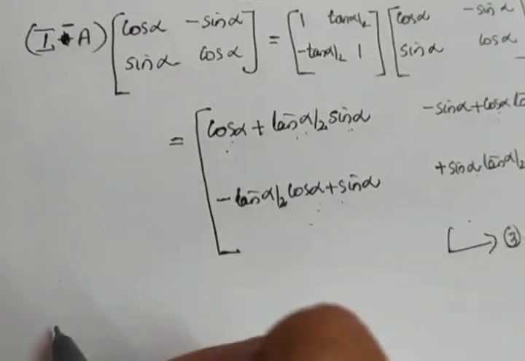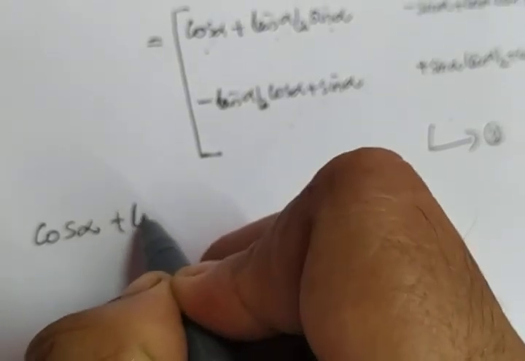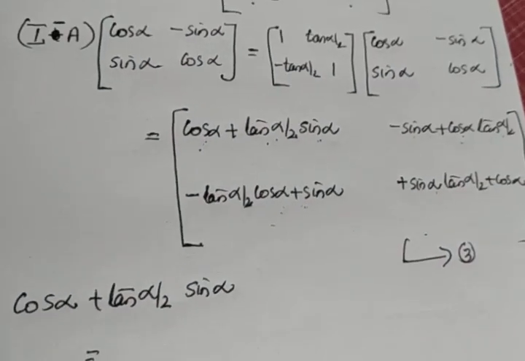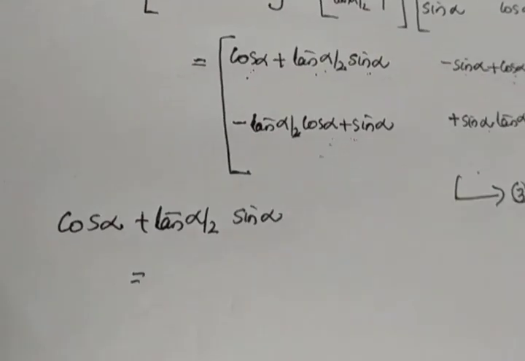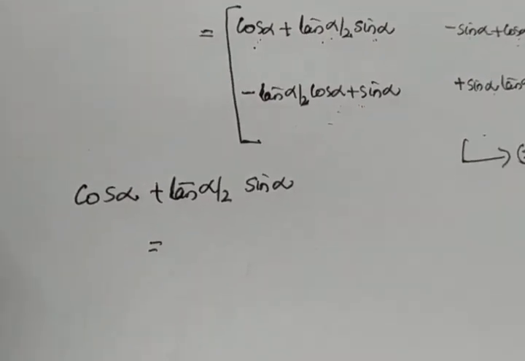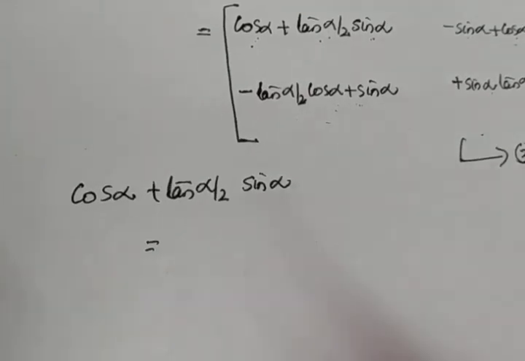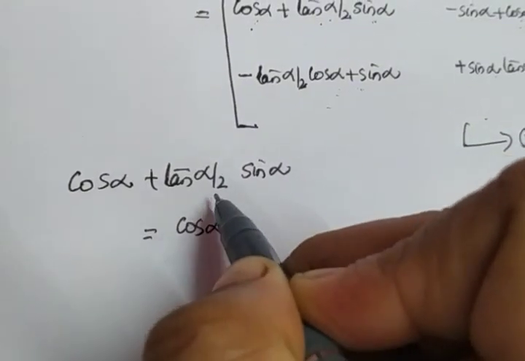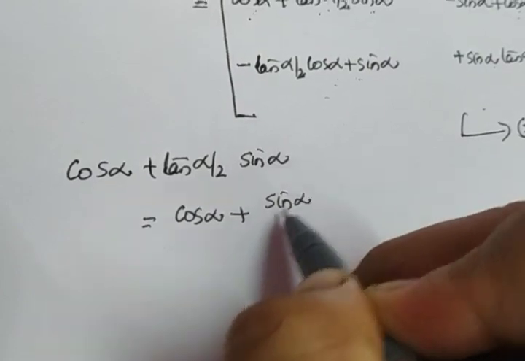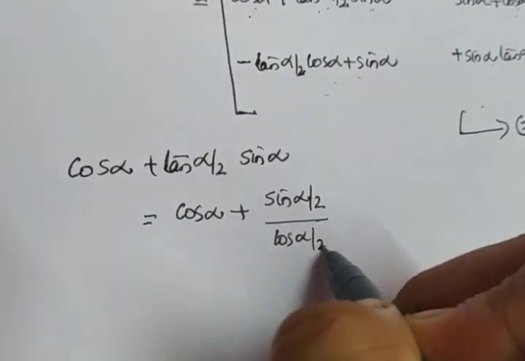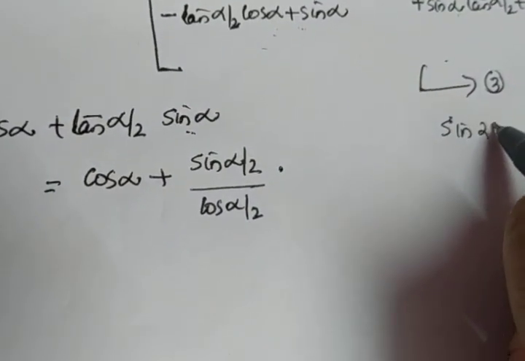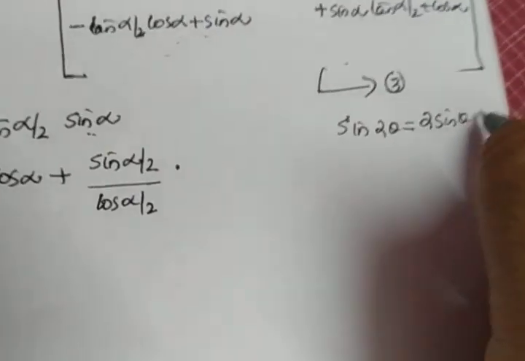Okay, so what we will do is take the term cos alpha plus tan alpha by 2 into sin alpha. There are two angles actually in this term: alpha by 2 is there, alpha is there. So we need to convert it into one of the angles. Then only cancellation happens, isn't it? So we will keep cos alpha as such, plus instead of tan alpha by 2, I am giving the value sin alpha by 2 by cos alpha by 2, because tan alpha is sin alpha by cos alpha, into, instead of sin alpha, we have a formula, sin 2 theta is equal to 2 sin theta cos theta.